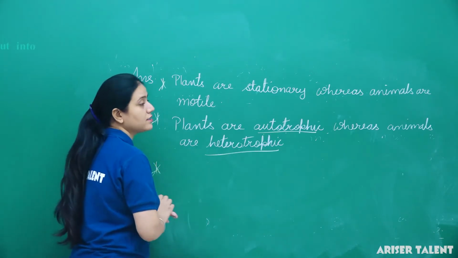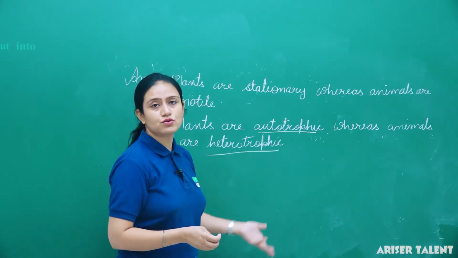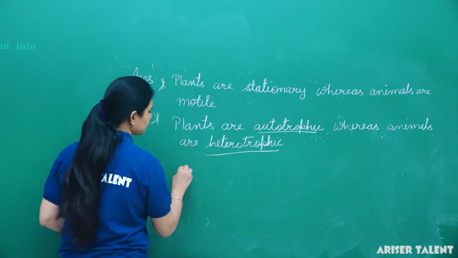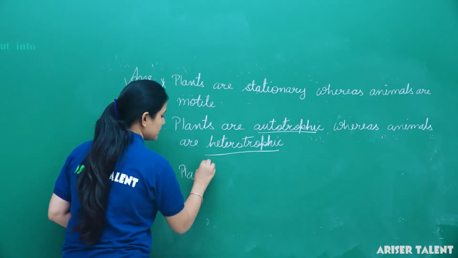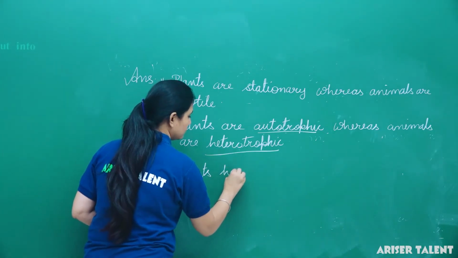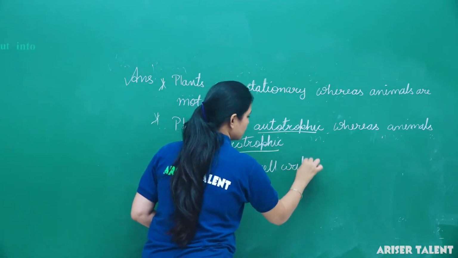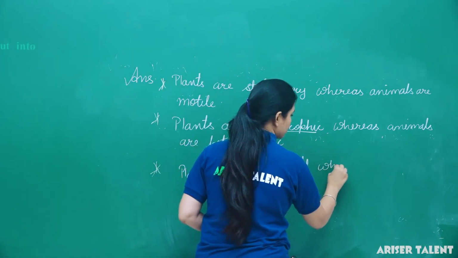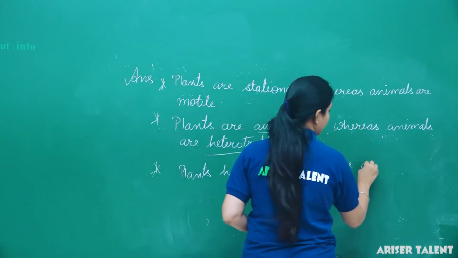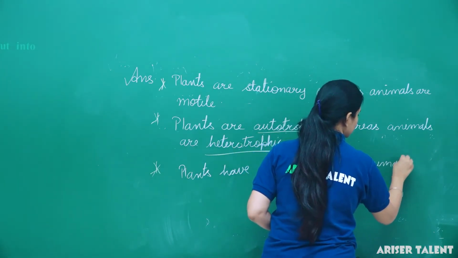Next, plants have a cell wall, but animals do not have a cell wall. Plants have a cell wall, whereas animals lack a cell wall.